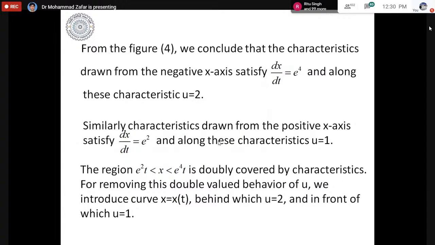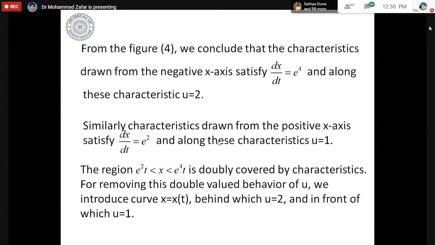From figure 4 we conclude that the characteristics drawn from the negative x-axis satisfy dx/dt equal to e^4, and along these characteristics u is 2. Similarly, characteristics drawn from the positive x-axis satisfy the differential equation dx/dt equal to e^2, and along these characteristics u has the value 1.